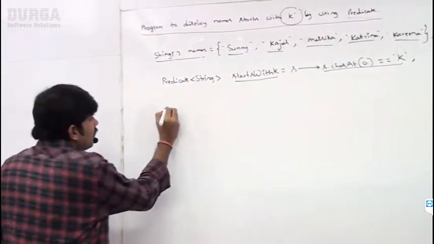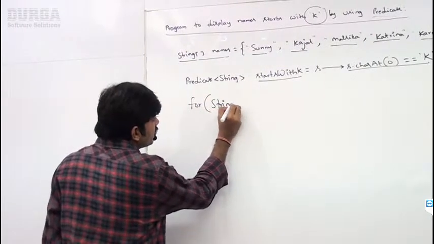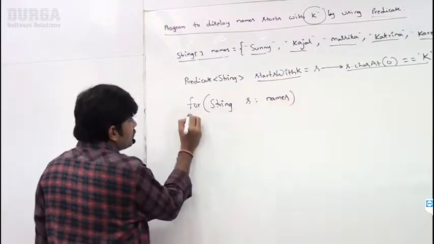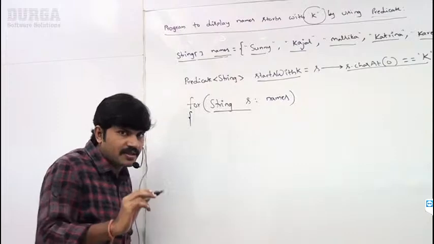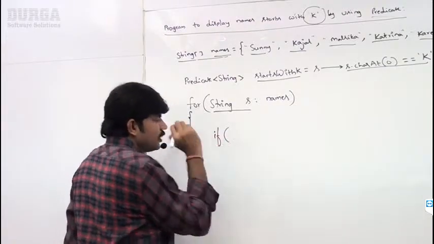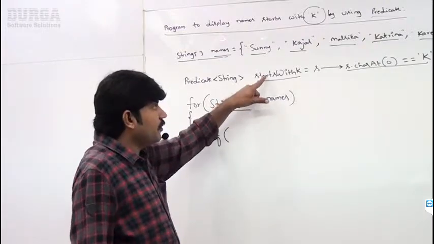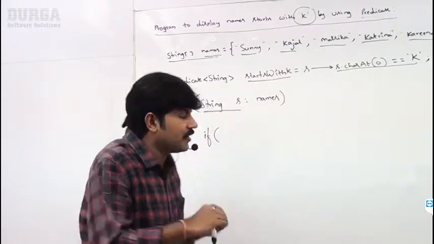Very simple. for (String s : names). Do you know it is the for-each loop? For every string s in names. Now I want to use this predicate. Have you remembered, right? Predicate contains which method? The test method.